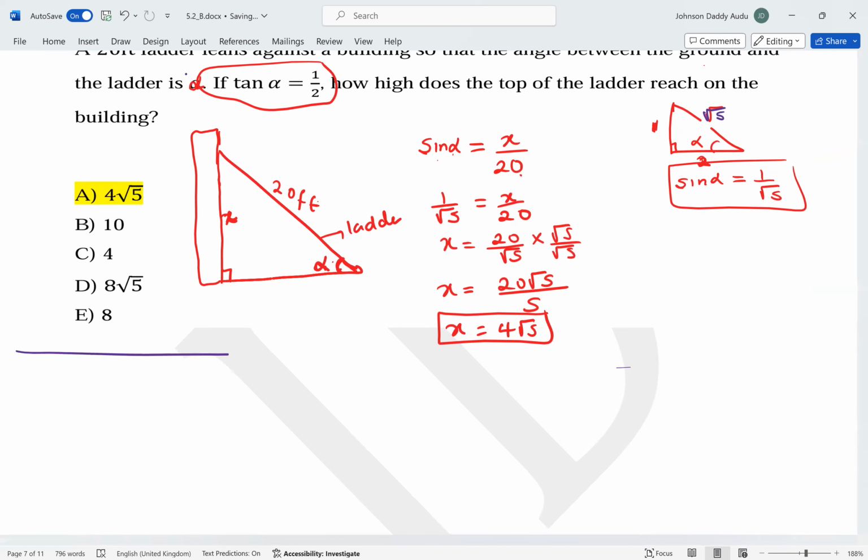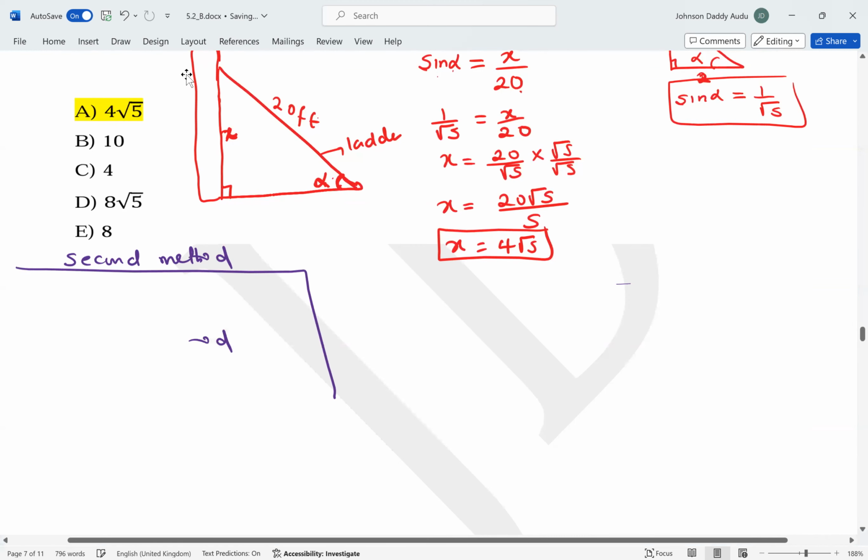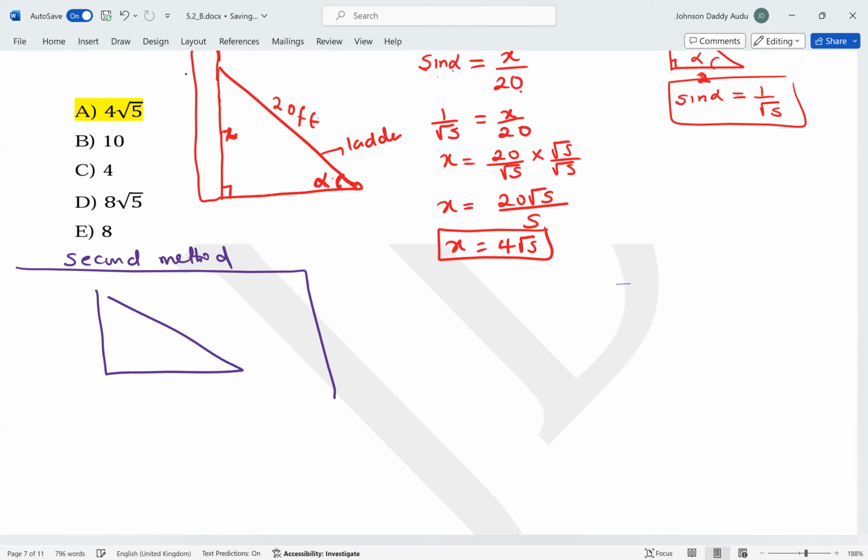Now, that is one method. Another method that you can use, let's call it the second method, is also easy. You have the diagram like this, right? So this is what we have. This is x, and this is 20 feet, right? So remember, you are already given from the question that tan alpha is 1 over 2.